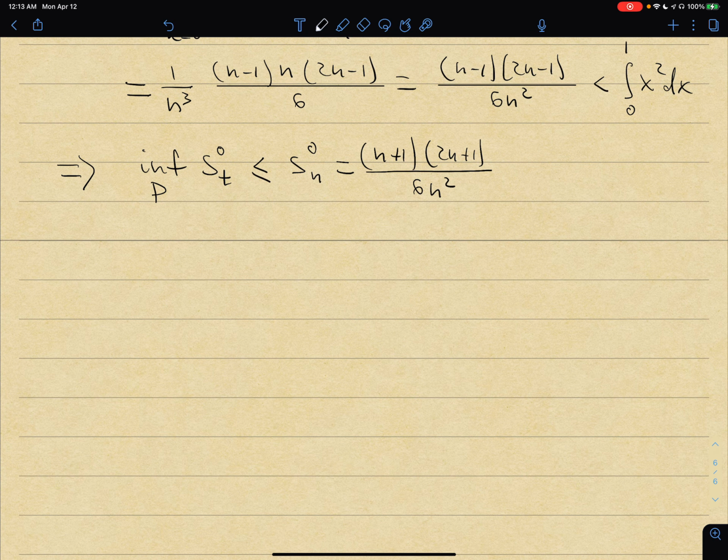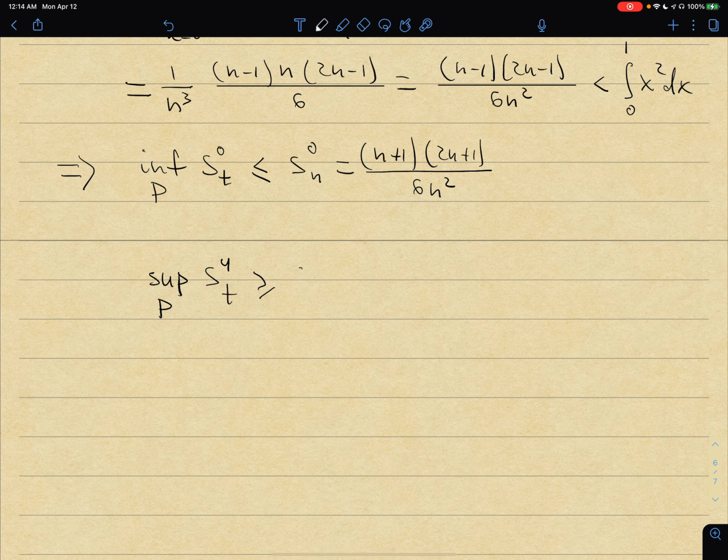And in a similar way, if I'm taking the supremum over all possible partitions of the underestimations, S_t^U, this should be greater than or equal to, right? The supremum of a set is greater than or equal to any element of the set.